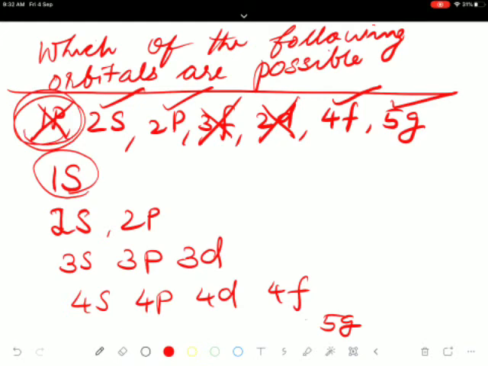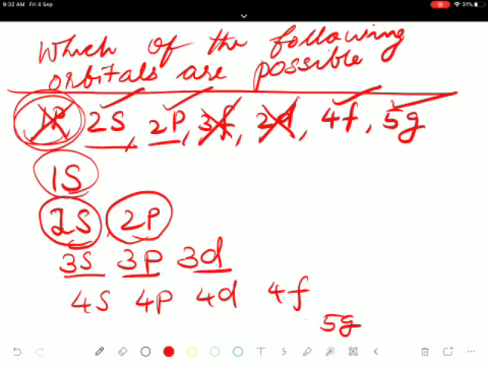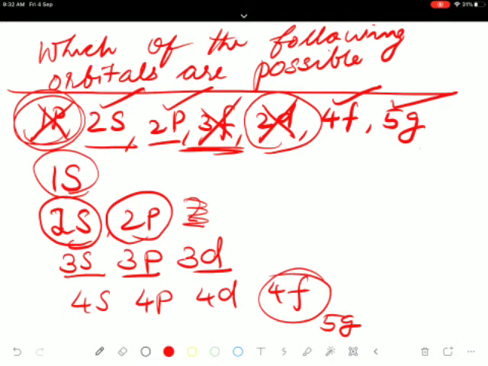In 2 there are 2s and 2p, both asked. In 3, 3f is not there, only 3s, 3p, 3d. 2d is not there. Then 4f is there. In 5, 5s, 5p, 5d, 5f, 5g. In 6 it goes g, h, i, j, k, like that.